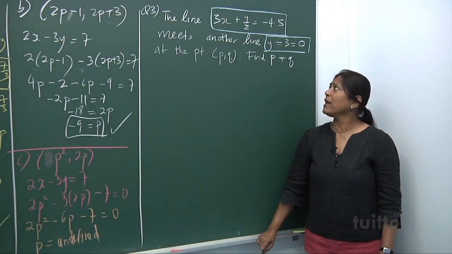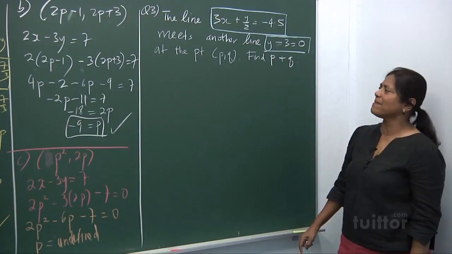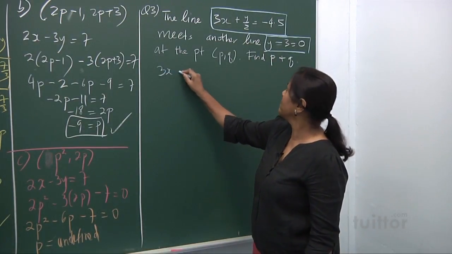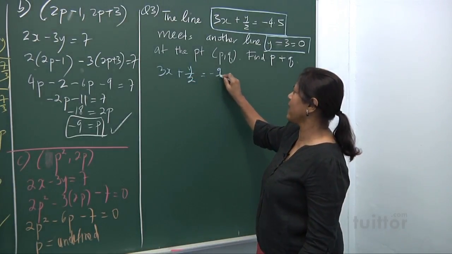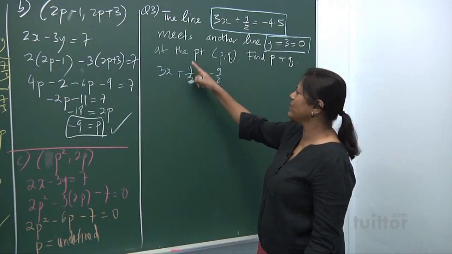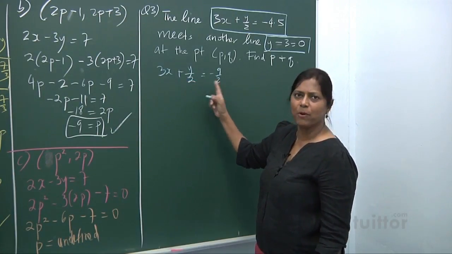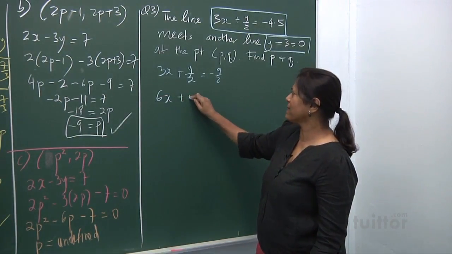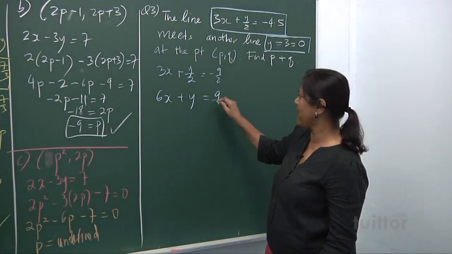Now, if you look at the first equation, we can make it a bit simpler. It's got 3x plus y over 2 equals minus 9 over 2. Perhaps I want to multiply the whole thing by 2 to remove the bottom. So you get 6x plus y equals minus 9.